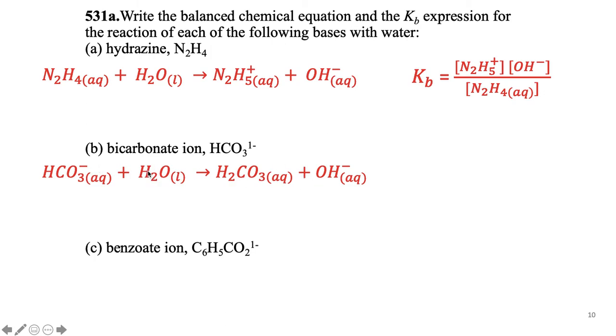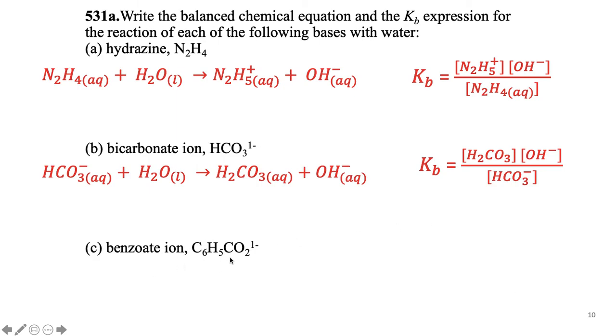And the water, losing a proton, goes to an OH minus. To write the Kb expression, I multiply the molar concentrations of H2CO3 and OH minus, and I divide it by the concentration of HCO3 minus. Notice that the water doesn't appear.